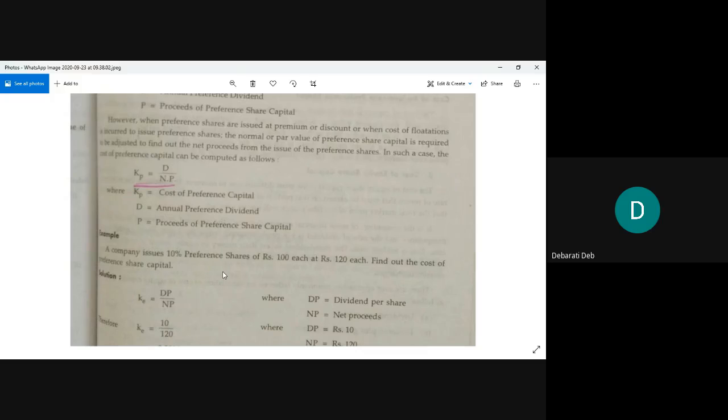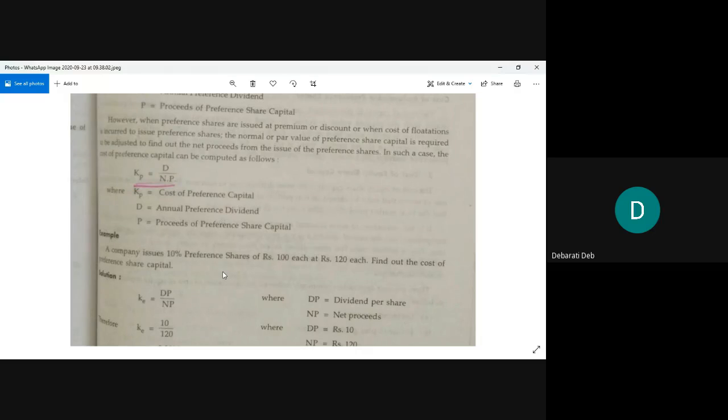Now it is no longer an interest payment, because on preference capital you pay dividend. When 10% is mentioned, it means 10% on the par value should be paid as dividend to the preference shareholders. So we will not mention interest now, we will mention dividend.